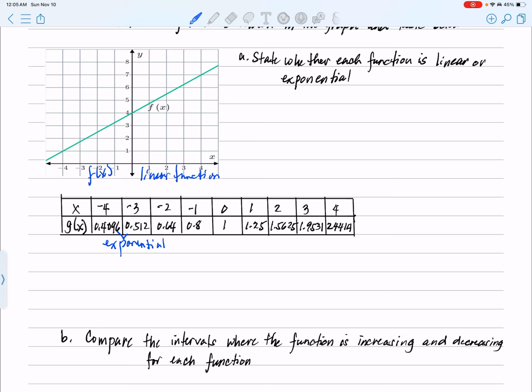I will start with 0.512. When I say difference, 0.512 minus 0.4096. So the difference is 0.1024.